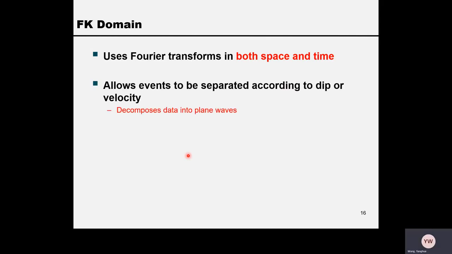In the FK domain, we can separate different events according to the dip, because dip is the inverse of velocity, so we can also say the separation is based on velocity. Right?